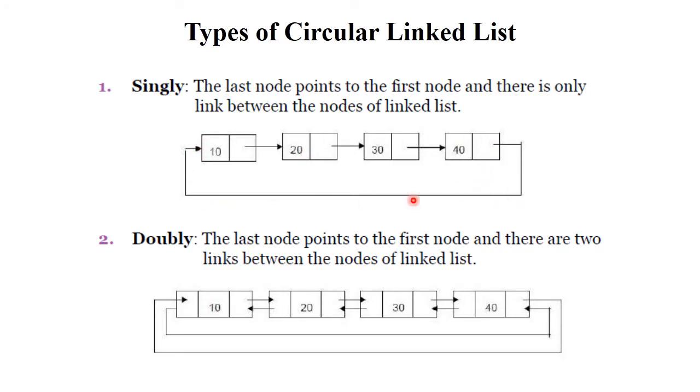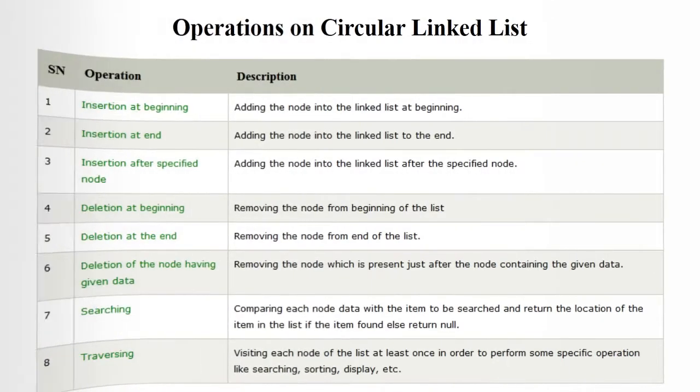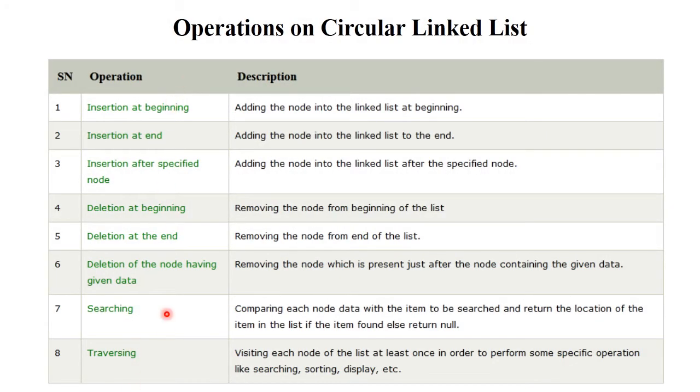In a doubly circular linked list, the last node points to the first node, right? But there are two links in between, in the forward direction and also in the backward direction. So this is called a doubly circular linked list.